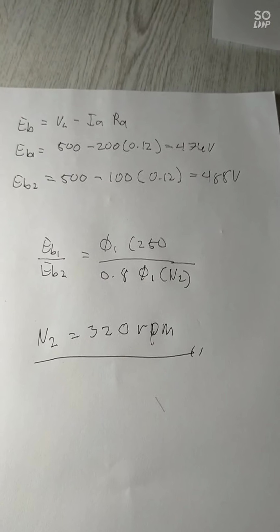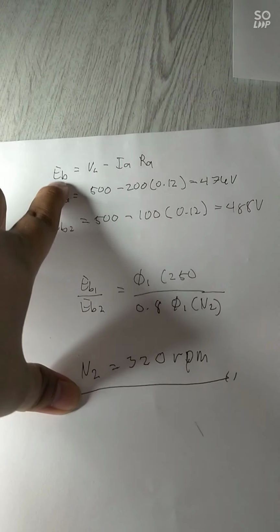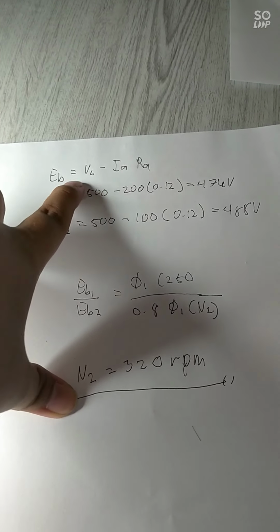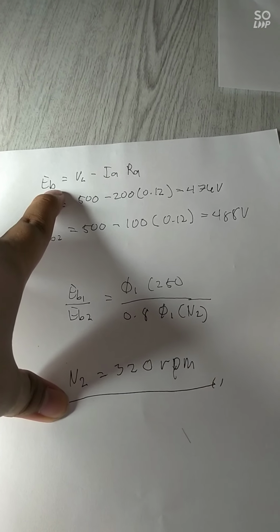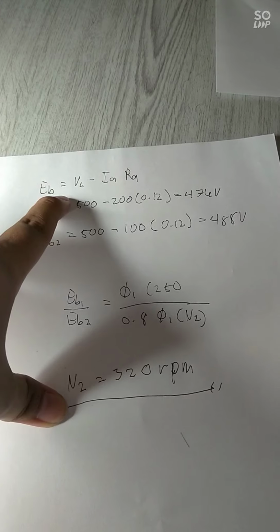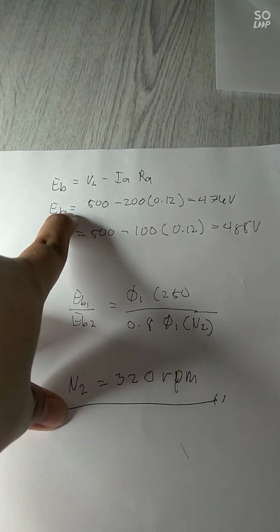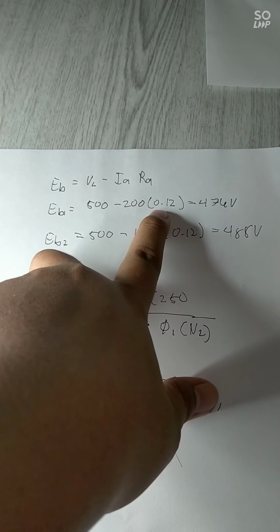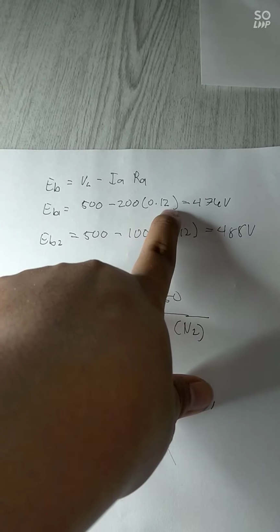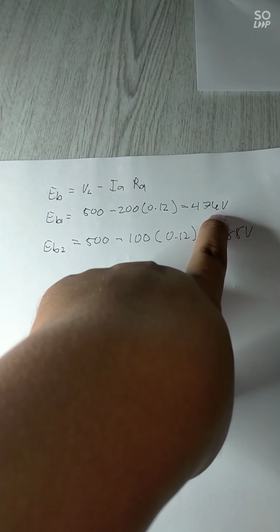So pag solve ani natay formula sa back EMF. So mao ni siya kay shunt motor man siya. Mao ni siya formula basta shunt motor. So EB1 equals to 500 minus 200 times 0.12 is equals to 476 volts.